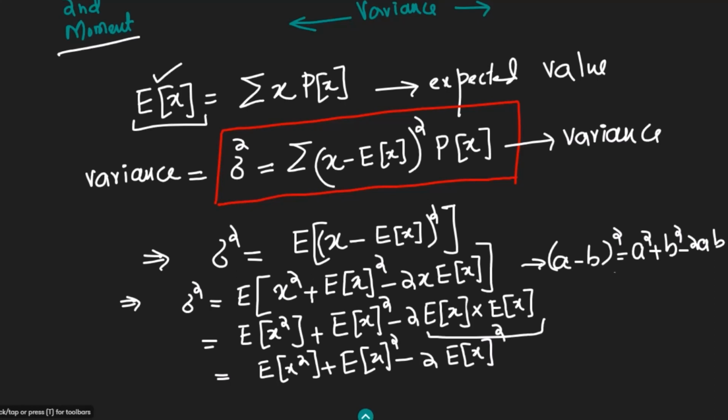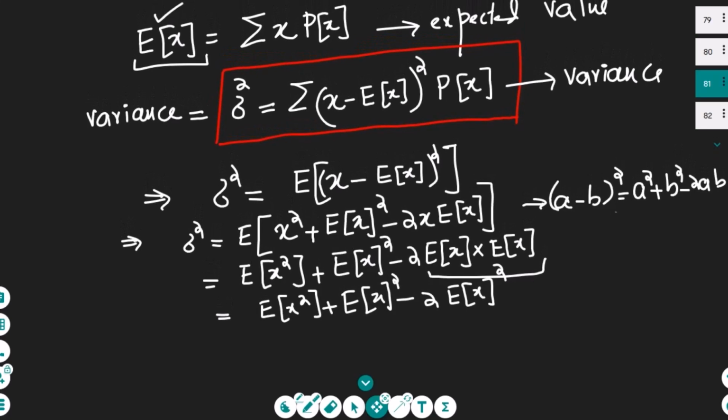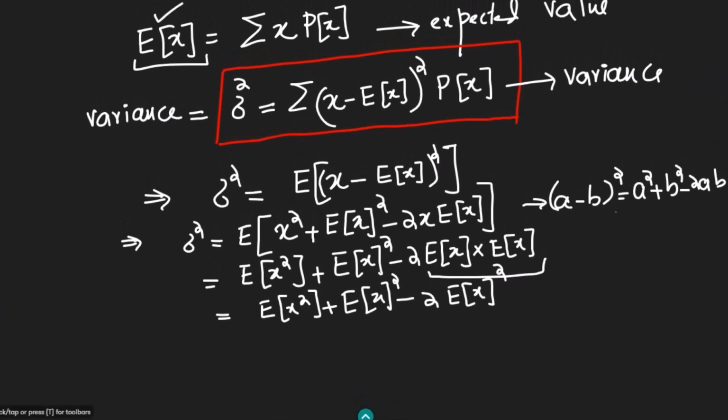These get subtracted from each other, and we get E x square minus E x whole square, and this is called sigma square.